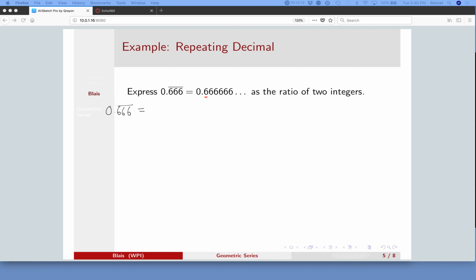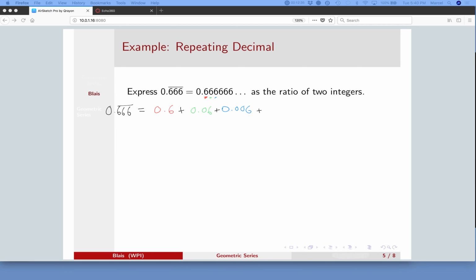So first we have the first digit, which is 0.6. Then we have the second digit, which is 0.06. Then we have the third digit, which is 0.006. And hopefully you see where we're going with this.